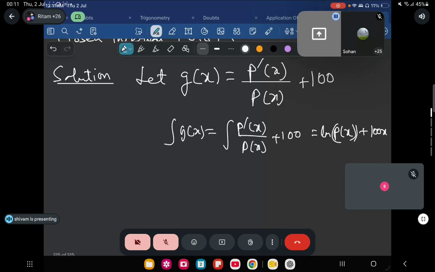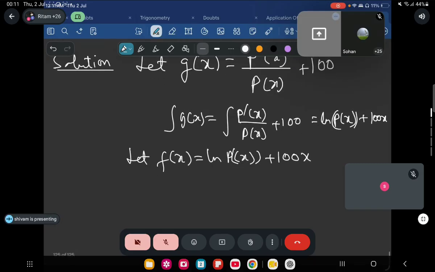Now let f of x equal to ln p of x plus 100x. Now finding 2 points.